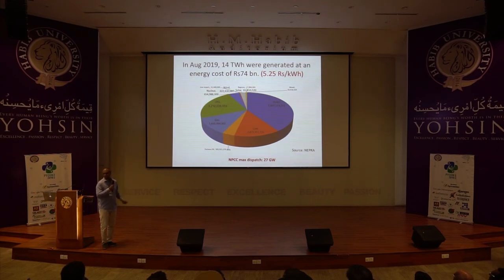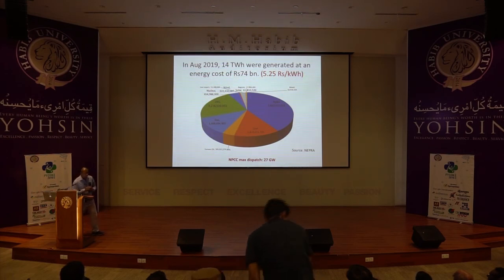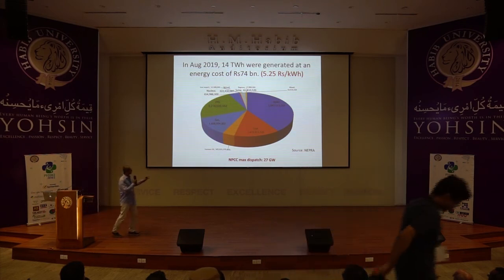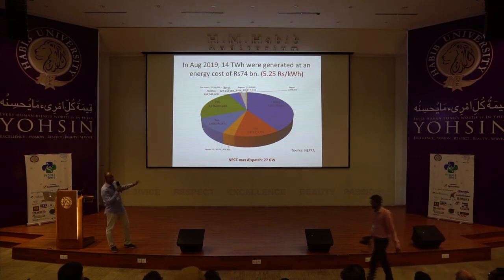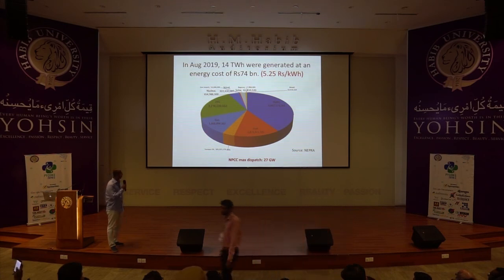Achha, this is from last month, and this is basically our power generation mix, or at least it was last month. You can see Hydel was about 40%. These numbers are in kilowatt hours, so you could say about 5.6 terawatt hours was Hydel.